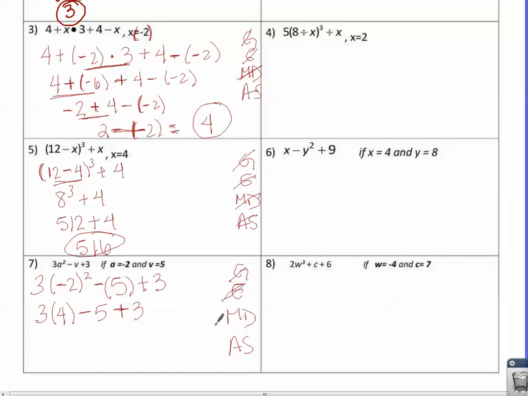Work left to right with multiplying or dividing. 3 times 4 is 12, minus 5 plus 3. Now add or subtract from left to right. 12 minus 5 is 7, plus 3 is 10. Circle your final answer. Pause the video and try the even numbers.